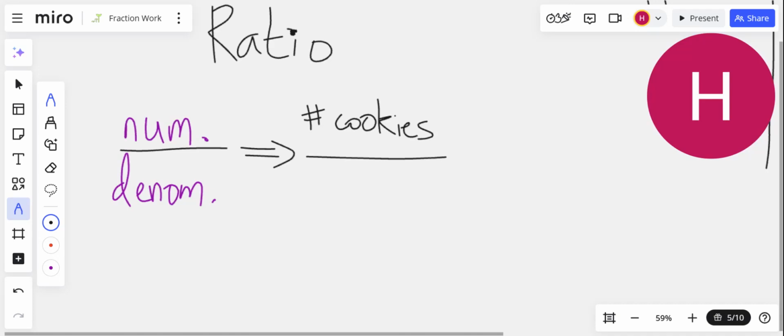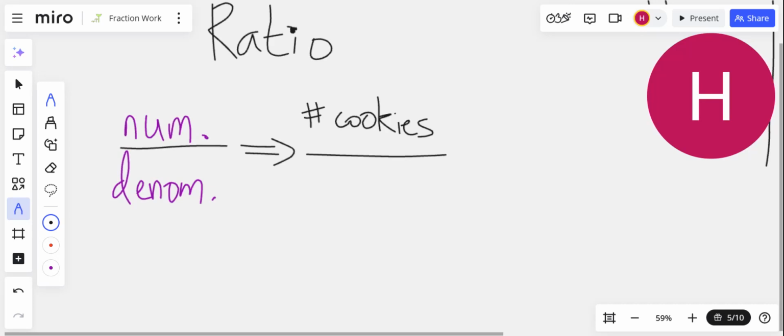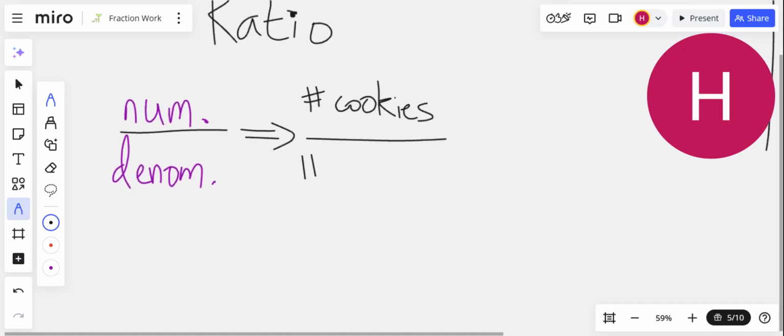I mean, who didn't love cookies as a kid? Who doesn't love cookies? Some people don't, but most of us understand that cookies are tasty. And the denominator is going to be the number of people that we have. So what we're going to be doing is evenly distributing a number of cookies to a certain number of people.